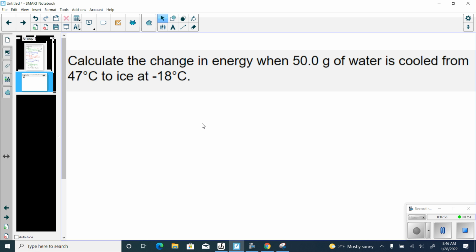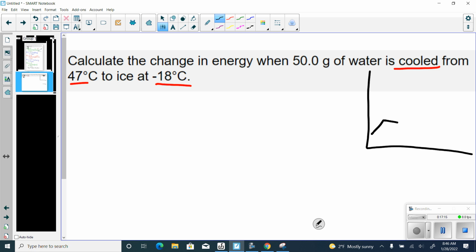I want to do a question that goes in the opposite direction, because notice this one says you are cooled from 47 down to negative 18. So let's go the opposite direction for one problem to wrap up our notes for today. I'm going to start off by just mapping out my problem.